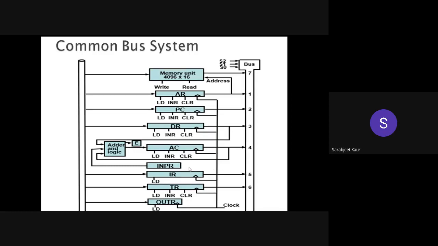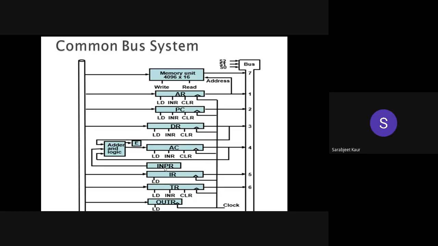This is because it does not have to receive its input from the bus, right? We had said that it will receive its input only from the input device. So you cannot see any connection from the bus to the input register.